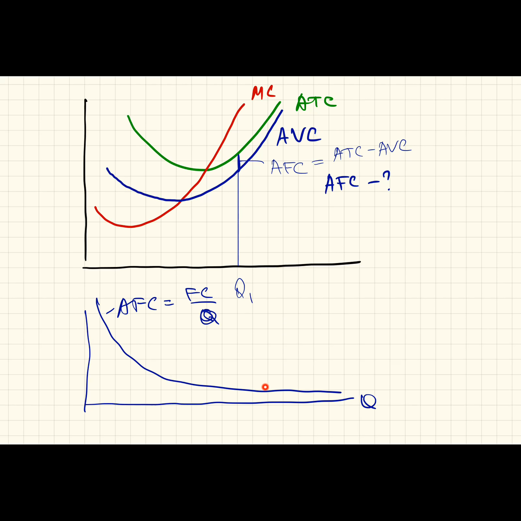That's why this curve is downward sloping. And as Q gets very, very large, AFC gets very, very small. And that's why these two curves are trying to merge as Q is getting larger.